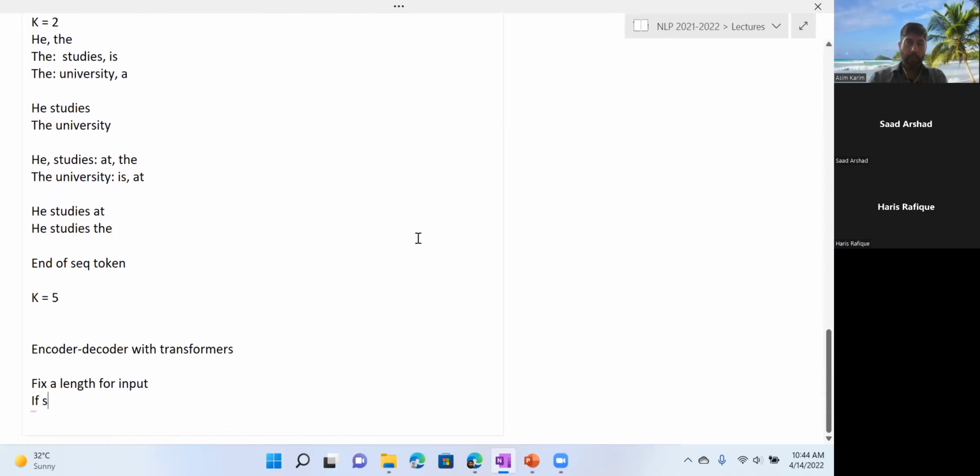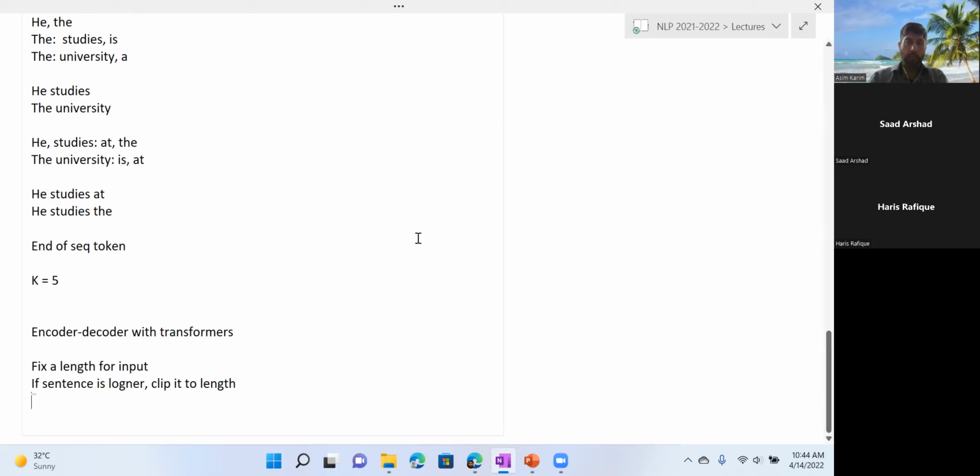If a sentence is longer, you clip it to that length. If a sentence is shorter, we pad the remaining positions.